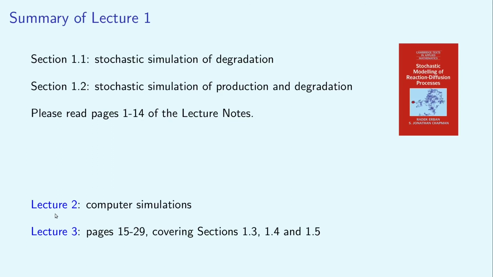Our next lecture, lecture 2, is a MATLAB demonstration. I will discuss how you can design and write a MATLAB code giving you the results presented in figure 1.2. Then, in lecture 3, we will continue with the second half of the first chapter, covering sections 1.3, 1.4, and 1.5 on pages 15 to 29.